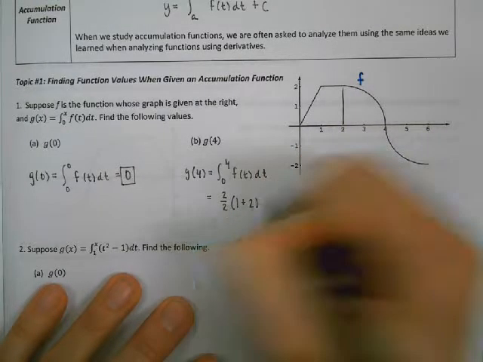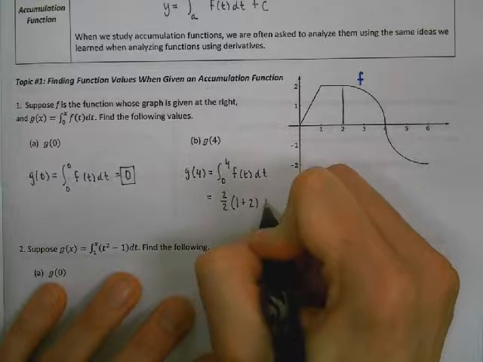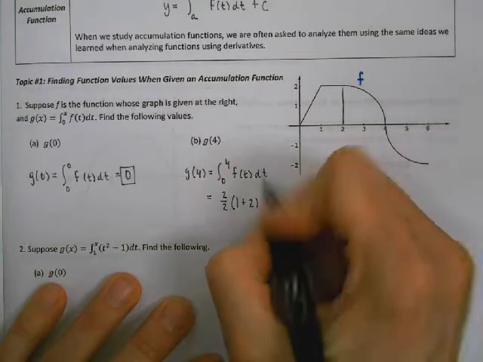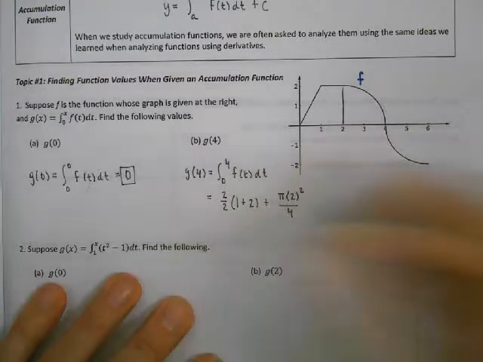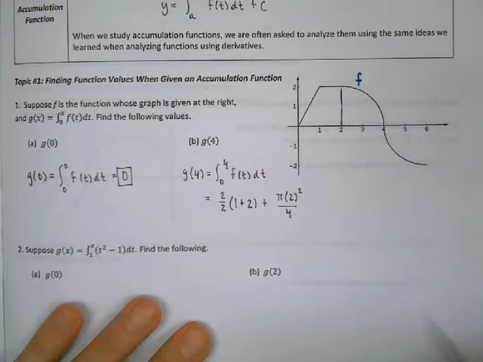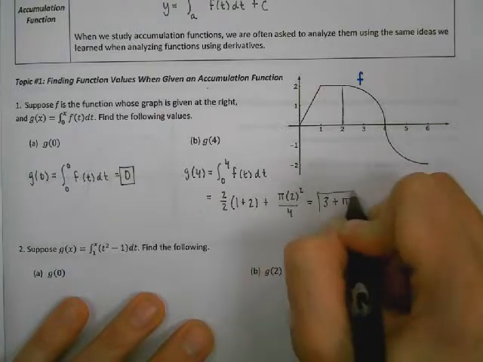My base 2 is 2. And then I have my quarter of a circle here. So plus, my radius is 2, so pi times 2 squared over 4. If I simplify it, I'm going to get 2 plus 1 is 3, plus, that's going to cancel, 3 plus pi.